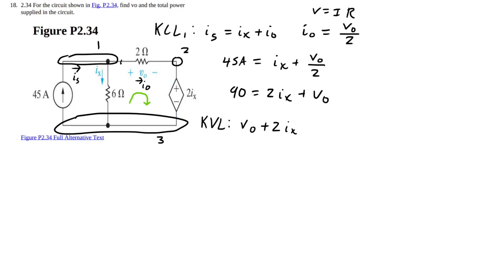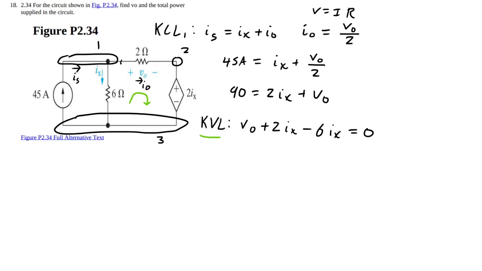And then we're going to have a voltage drop of 6 times IX. So all of that is going to equal 0 if we consider that the green loop is a closed loop.